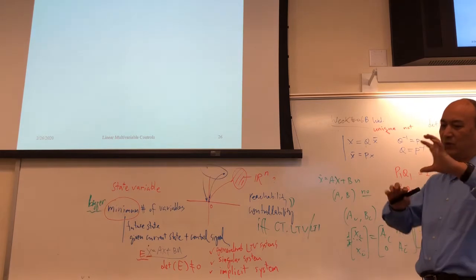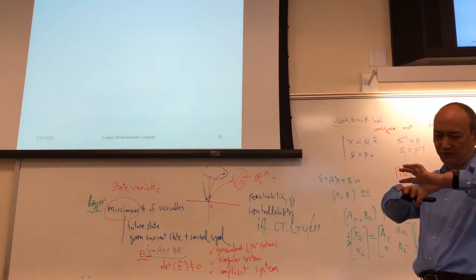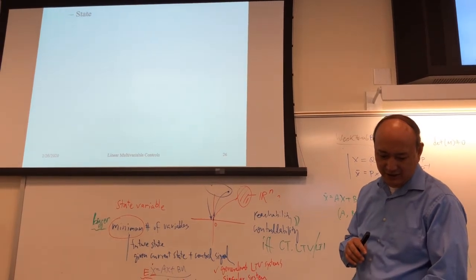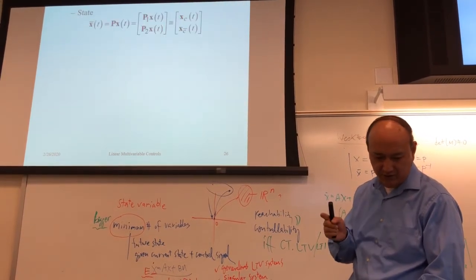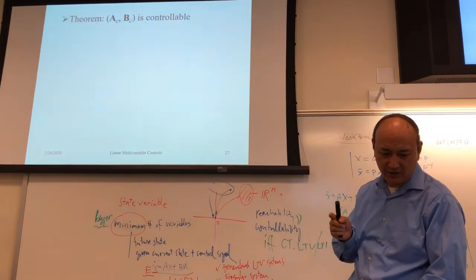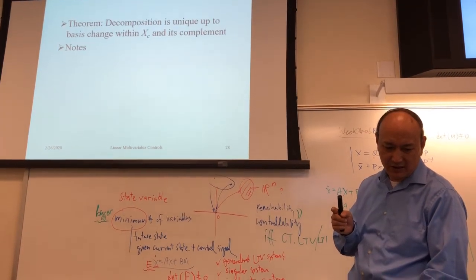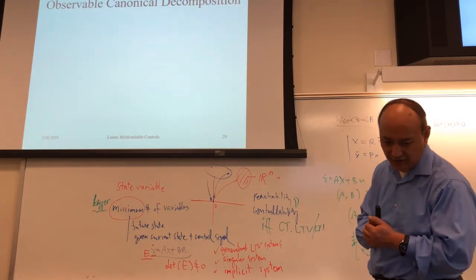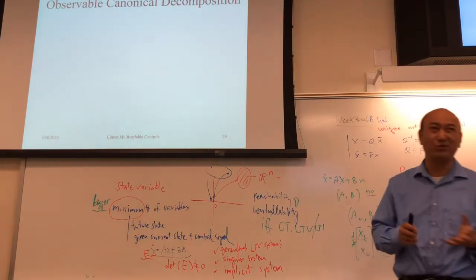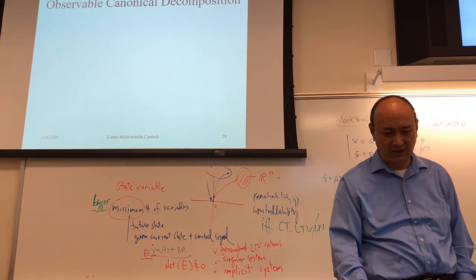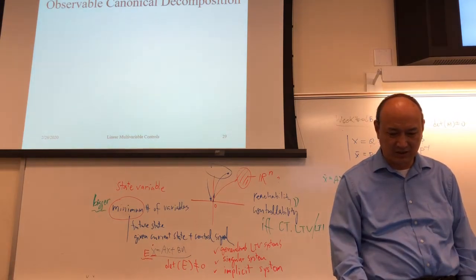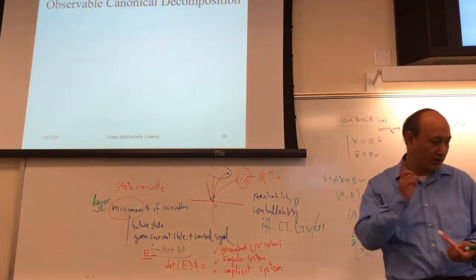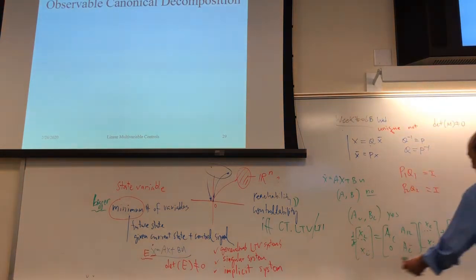So it looks like we only did the partitioning of the state space into two parts, controllable and uncontrollable. But you have a parallel one, called the observable canonical decomposition. People say this is a dual problem for observability and controllability. Let me refresh your memory.